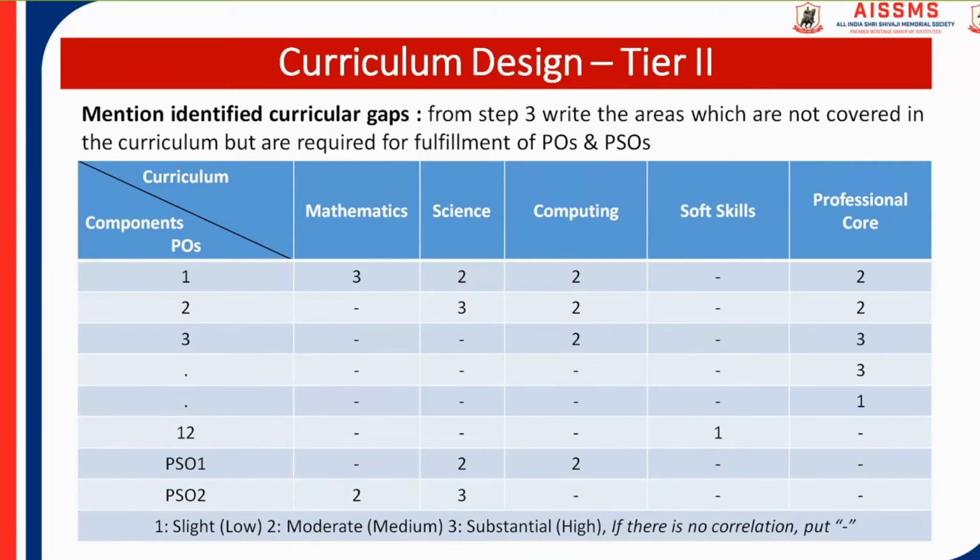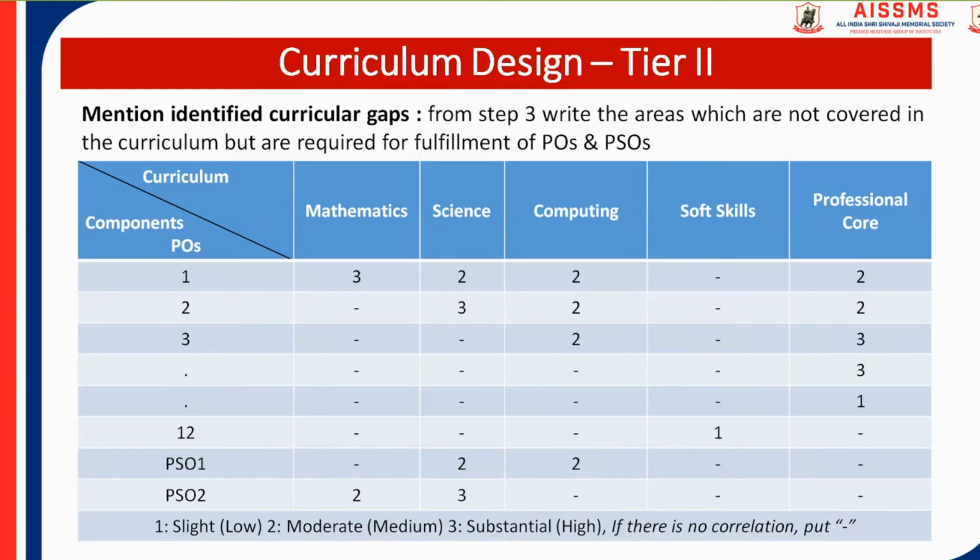So what we are doing in this table, as I am again repeating, is that the tier 2 institutions do not have the flexibility of designing their structure and curriculum. But what they have to do is take the structure or syllabus of their own university, the programs, and the program outcomes and program specific objectives which they have set for themselves, map them in this particular fashion and identify the gaps.